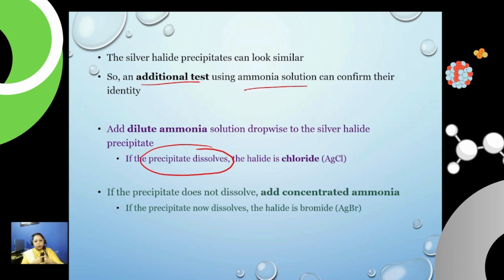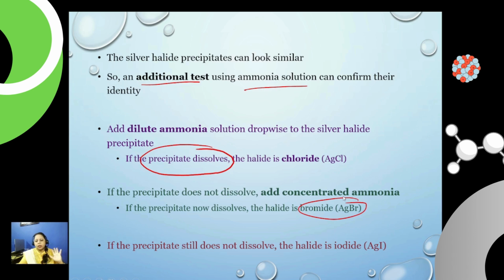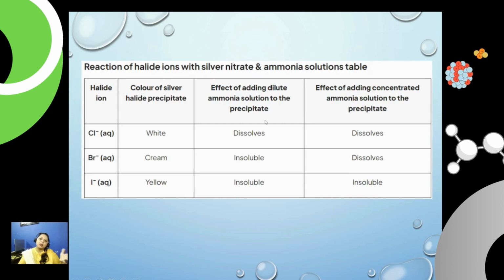If the precipitate dissolves upon adding the more concentrated one, then it means it's bromide. But if still they are not dissolved, they still remain as they were, it means it's iodide. Simple. So the additional test is you can just add in the ammonia.